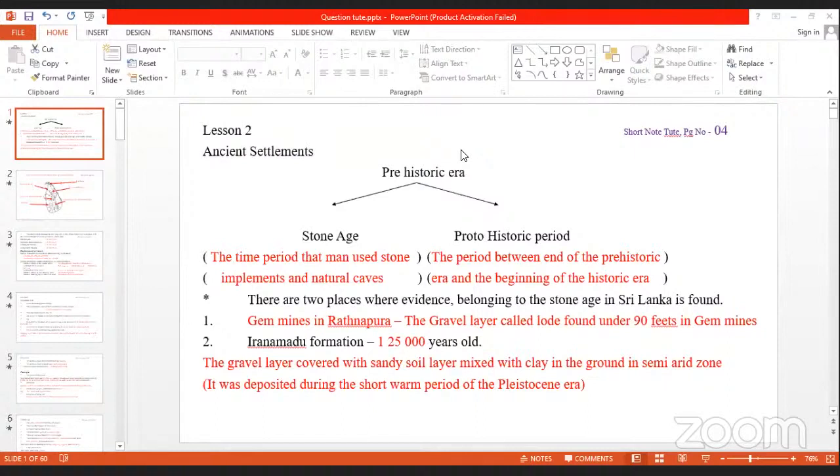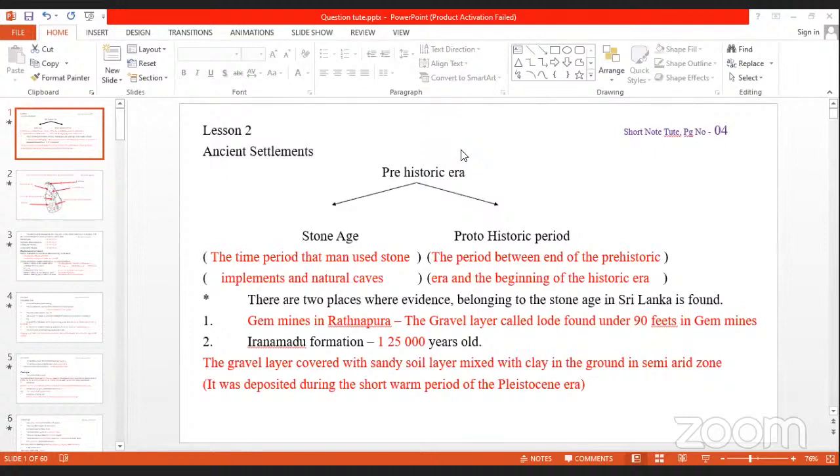I'm going to give you the possible questions that may be given for the exam, and a short note regarding 2 lessons, the second and third lessons of grade 10. I selected those 2 lessons because they are the easiest questions that you have to do in the exam.